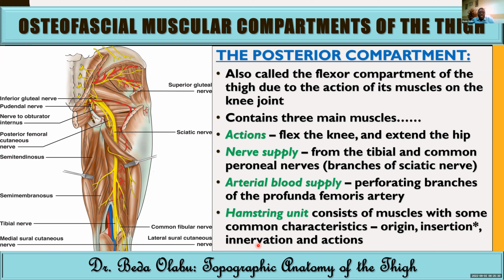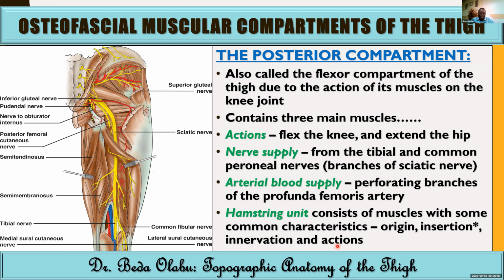And the innervation here is that they're all supplied by branches of the tibial division of the sciatic nerve. They're all supplied by the tibial nerve, basically. The nerve supply is derived from the tibial division of the sciatic nerve, not from the common peroneal. And lastly, they have similar action. They all extend the hip joint and flex the knee joint.